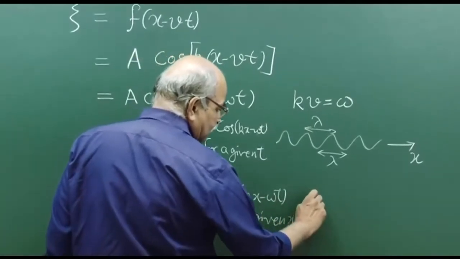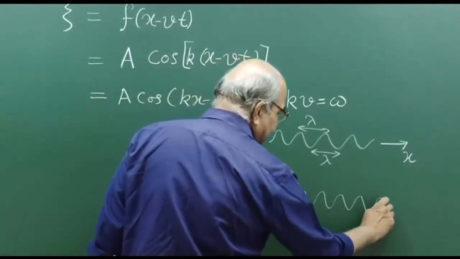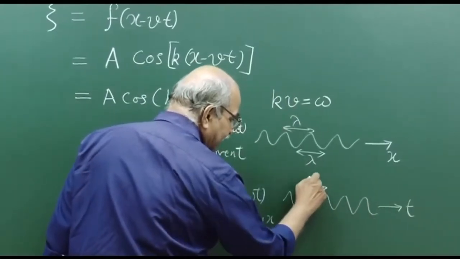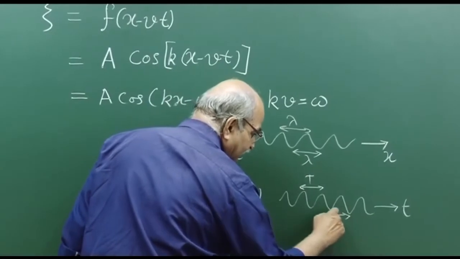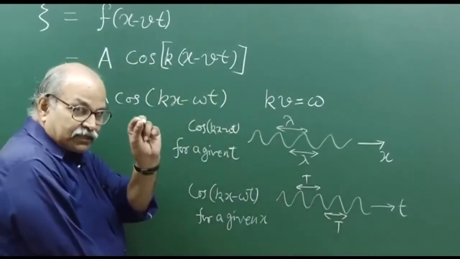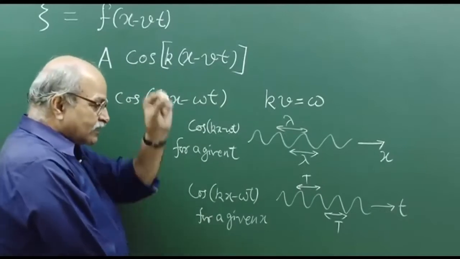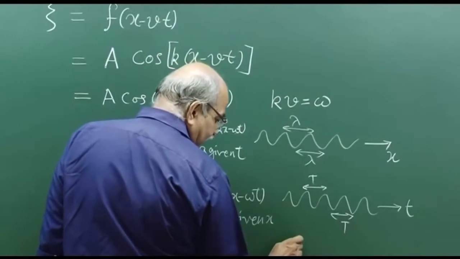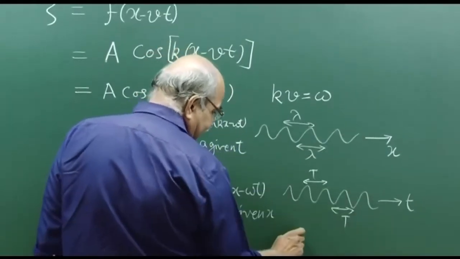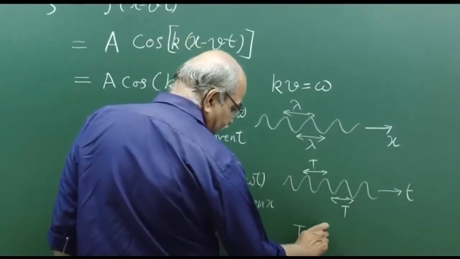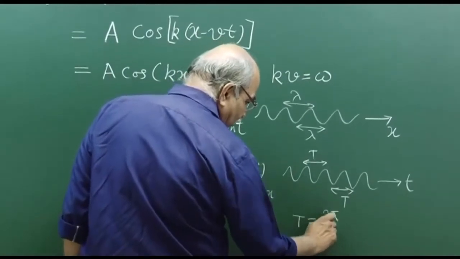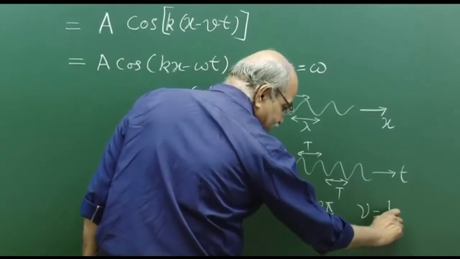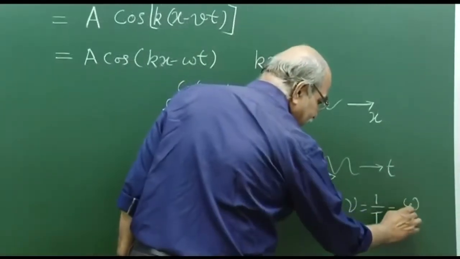So this will also be of that same type, but this time it is time here, and then this is the time period, capital T. This is the time period. So x is fixed, a particular portion, it oscillates, and how much time does it take in one oscillation? That is T, and this T and this omega are related. This T is 2 pi over omega, and your frequency, which is 1 by time period, is omega by 2 pi.